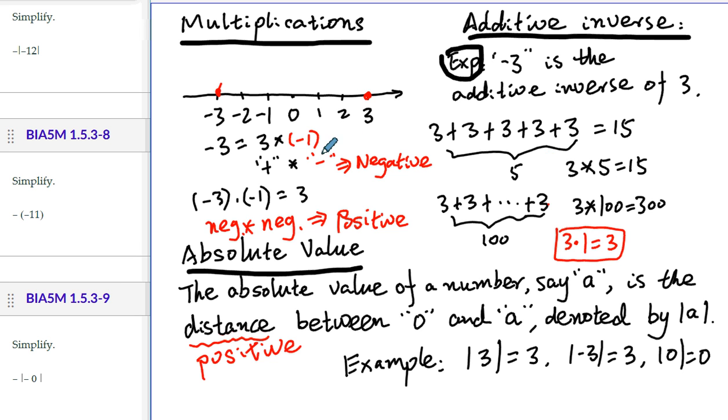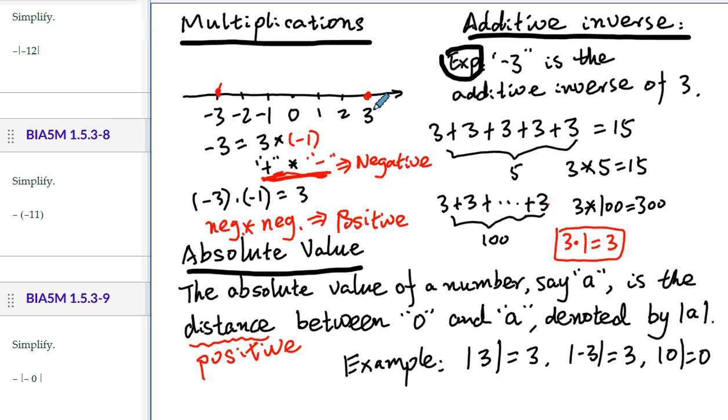And then here is why positive times negative is negative. After we know why we introduce multiplication, and we understand the additive inverse, this would be easier for us to understand. Because we have a 3 times positive 1 is 3.